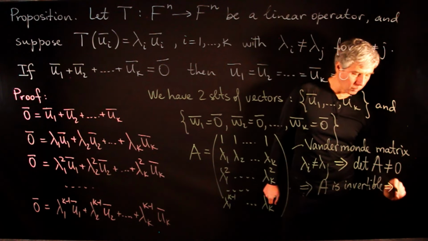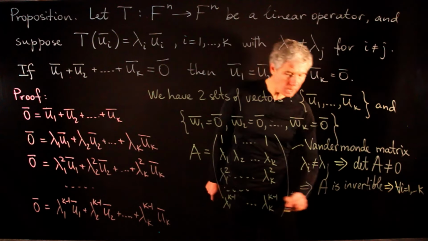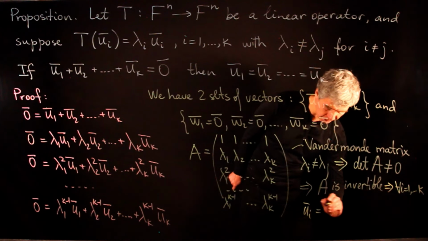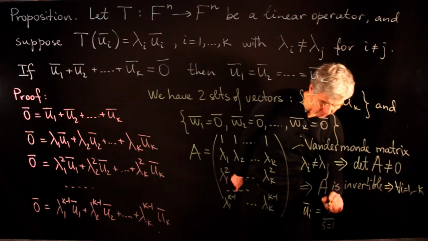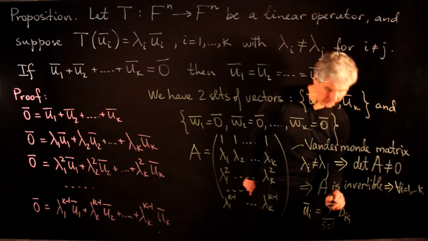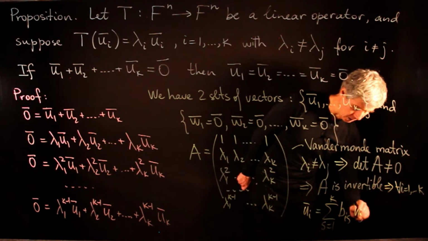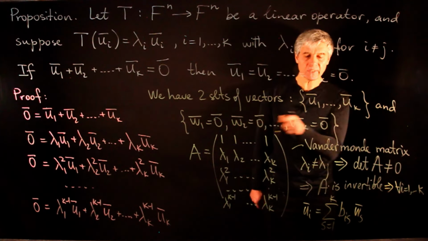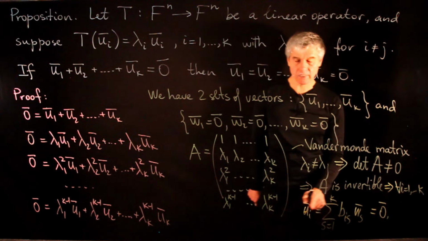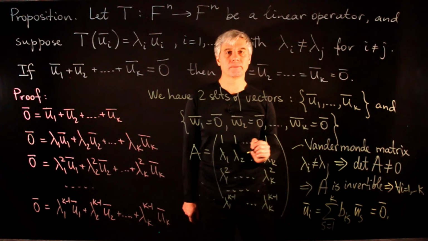And then, for all i from 1 to k, we can express ui in terms of wj. So this is the sum, s goes from 1 to k, by our lemma, b_is, where b is the inverse matrix of this matrix A, which exists, times ws. But all ws vectors are equal to 0. So hence, the result is equal to 0. And we get the claim that all vectors ui are equal to the 0 vector.